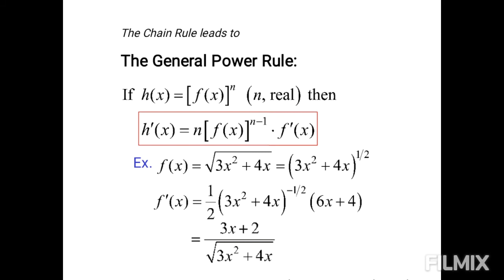Since we have this in the exponent 1/2, our denominator will be the square root of 3x squared plus 4x. So our final answer for the derivative of this given function is 3x plus 2 over the square root of 3x squared plus 4x.